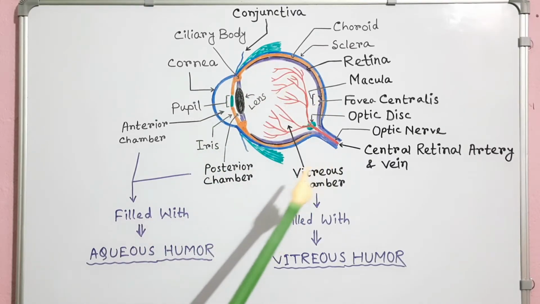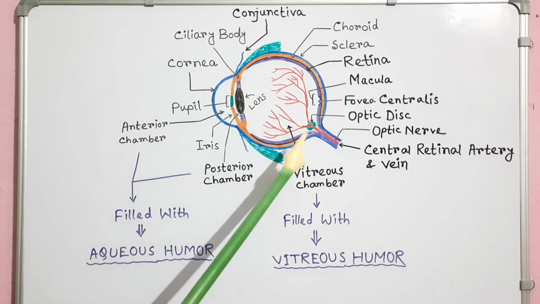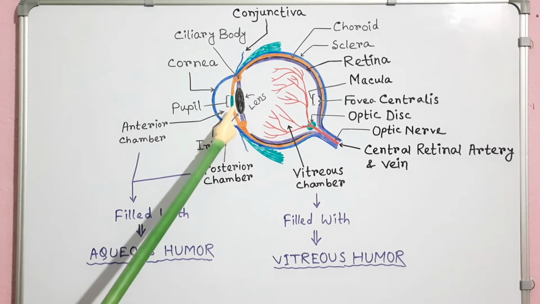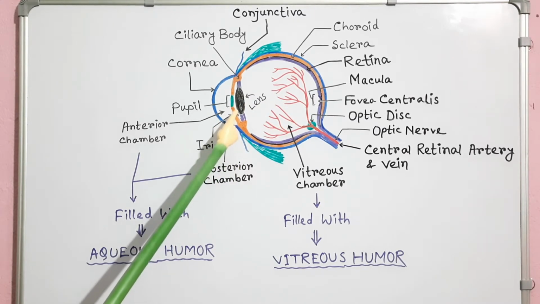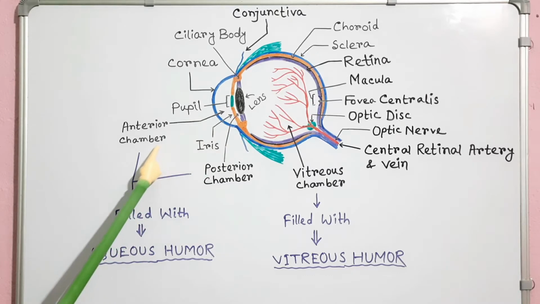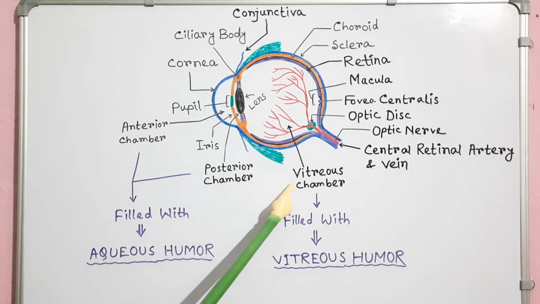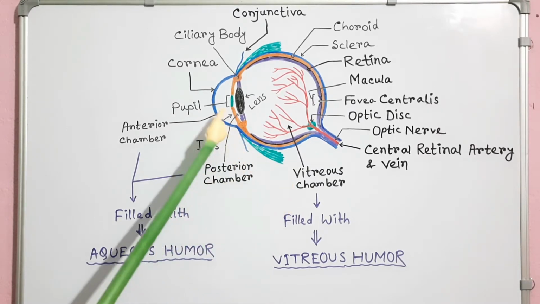In this diagram, I have tried to show different chambers of the eye. The layers of the eye and the lens create three chambers within the eye. They are the anterior chamber, the posterior chamber and the vitreous chamber. This is the anterior chamber.